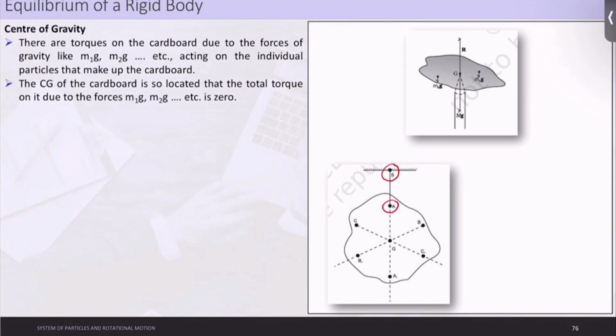Now, as this string is intact, we try to extend this line in this fashion. We do the same for this point B, C, A1, B1, C. So what we found is that this is how the axis of orientation is.